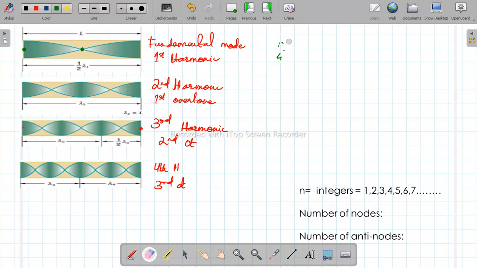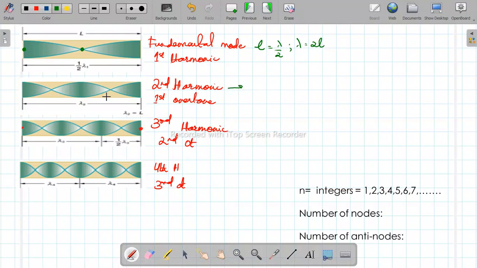Let's just take them in terms of lambda by 2. So when we say this is lambda by 4, this is lambda by 4, in other words, we can directly use that the distance between two consecutive empty nodes is lambda by 2, right? Because 1 times lambda by 4, 2 times lambda by 4, it makes lambda by 2. Okay? So we'll just write length is lambda by 2. In other words, lambda is 2 times the length.